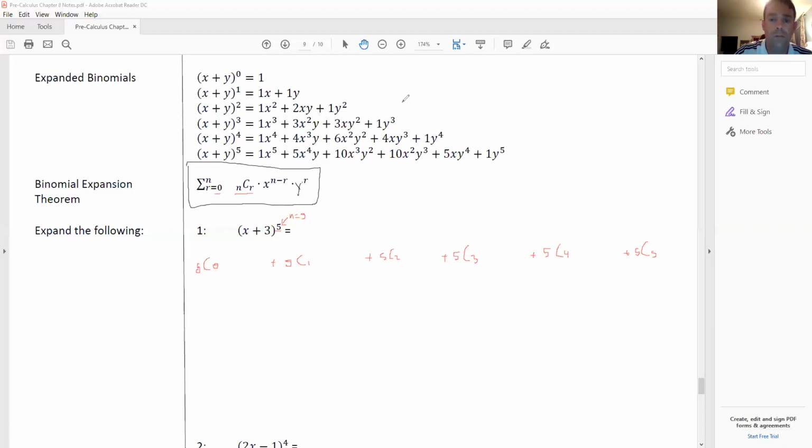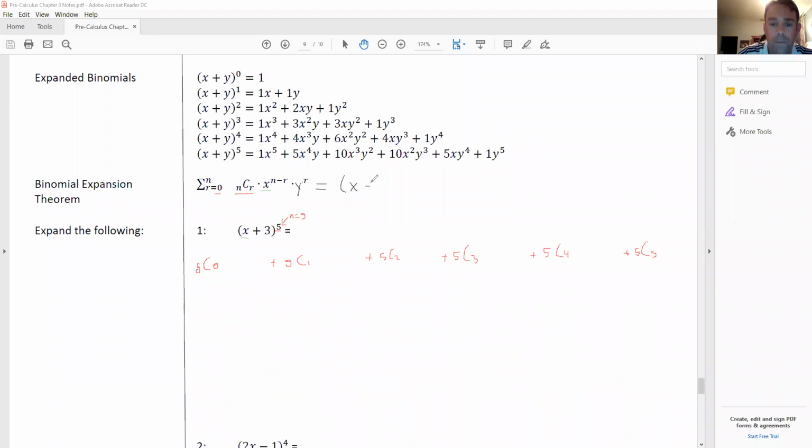The next part is we are going to take our first term, and we are always going to make its exponent n minus r, the two numbers subtracted together. And by the way, we should have one more thing here in this little theorem. This whole thing should have been like this, equals.